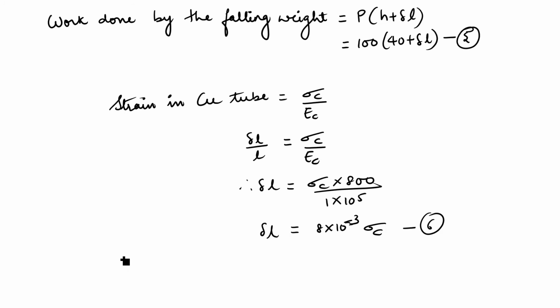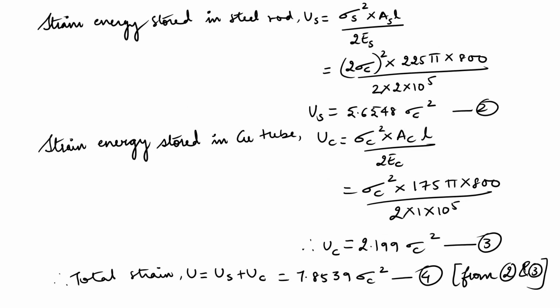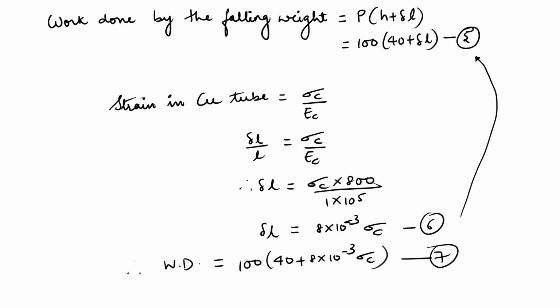Now I can substitute this formula of 6 in this equation of 5. Therefore, I can say work done is equal to 100 into 40 plus 8 into 10 raised to minus 3 sigma C. Let's mark this as equation 7. We have just studied in the previous session that the work done is always equal to the total strain energy. So I can equate equation 4 and 7.